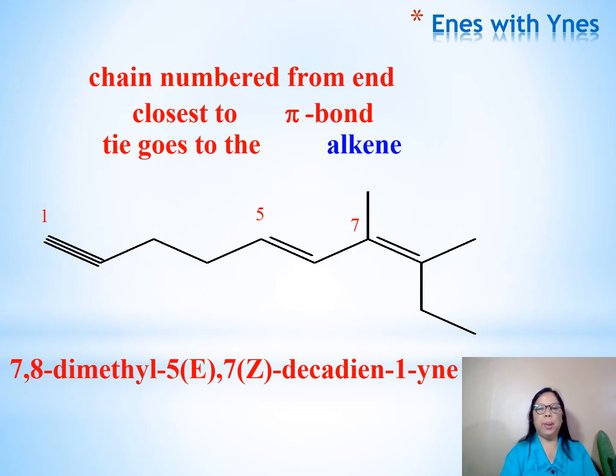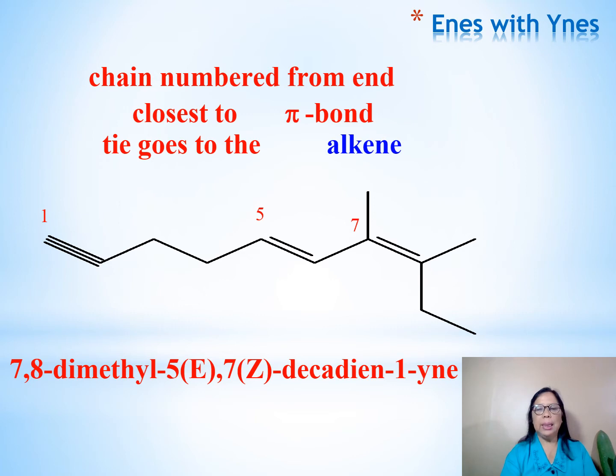Where is the triple bond? It is in the first carbon. What is the longest chain? It is made up of 10. But there is a twist here. You also have a double bond. So you write yne if there is a triple bond, where is the triple bond, first carbon. There is also a double bond.